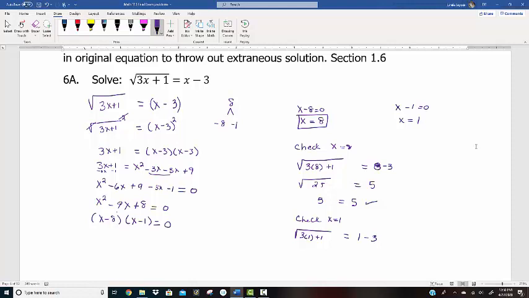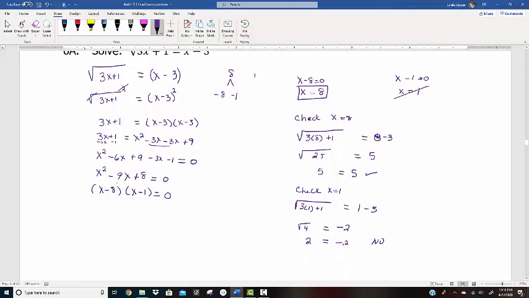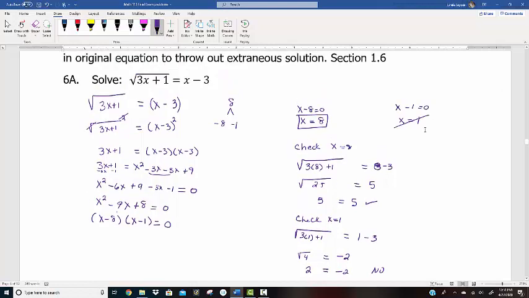Well, this will give me the square root of 4. 1 minus 3 is negative 2. Square root of 4 is 2. Does 2 equal negative 2? No. So this one is not a correct answer. Just the 8. Very, very important. Make sure you check your answers to know what's correct and indicate which item is the correct answer.